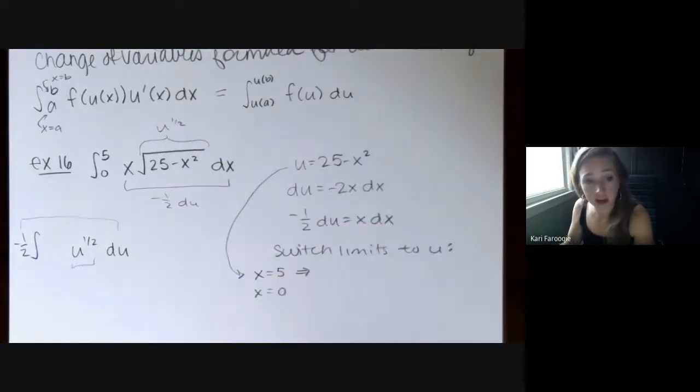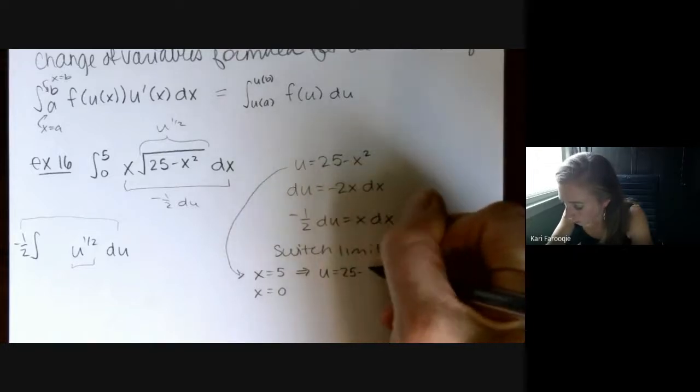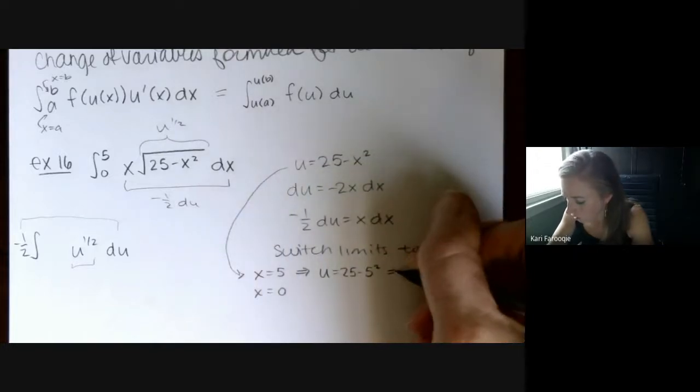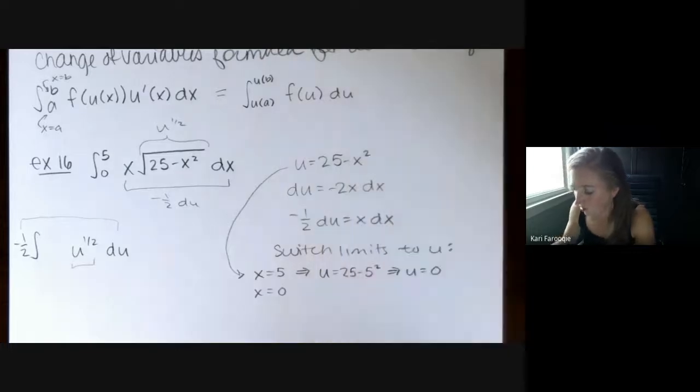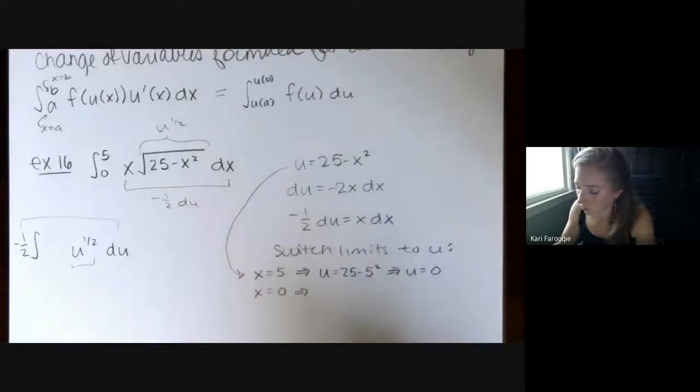So if I know that x is equal to 5, then I know that u is equal to 25 minus 5 squared, which means that u is actually going to be equal to 0. And we'll do the same thing for the lower limit.